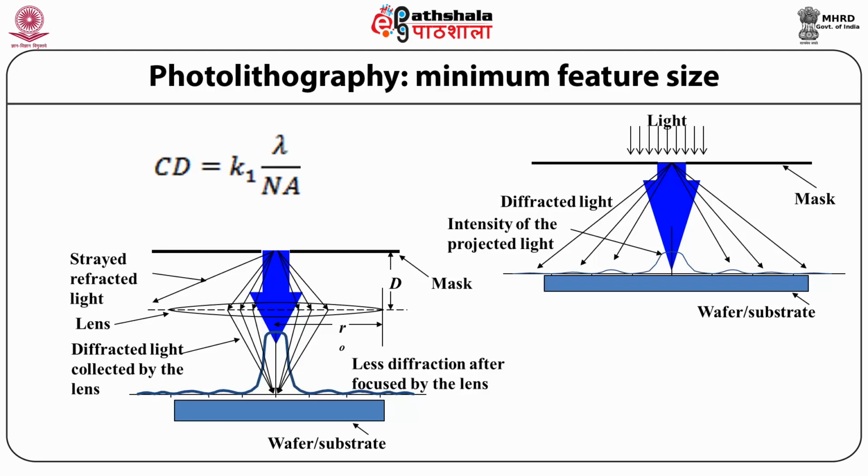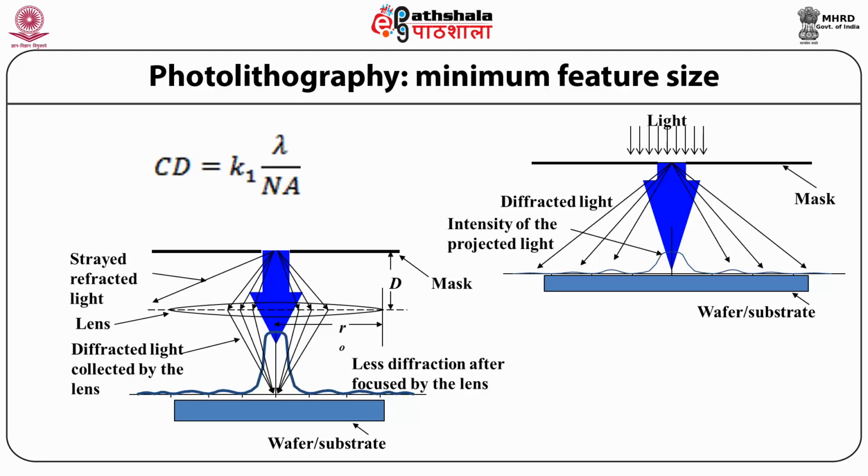The minimum feature size, which is used as the scaling for different lithographic systems, is given by CD is equal to K1 multiplied by lambda by NA, where CD is the minimum feature size and K1 is the coefficient that depends on the process related factors.